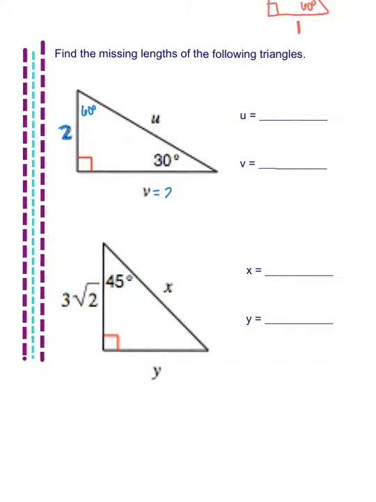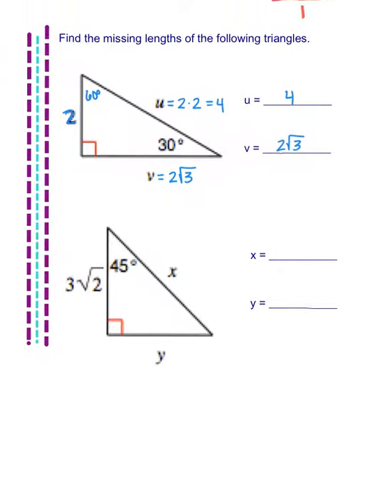It's going to be equal to the short side times the square root of 3. And the hypotenuse, u, is going to be equal to 2 times the short side. So I'll end up with a 4. So 4 is my u, and v is 2 times the square root of 3. So that's probably going to be the easiest example where I'm just given the short side.